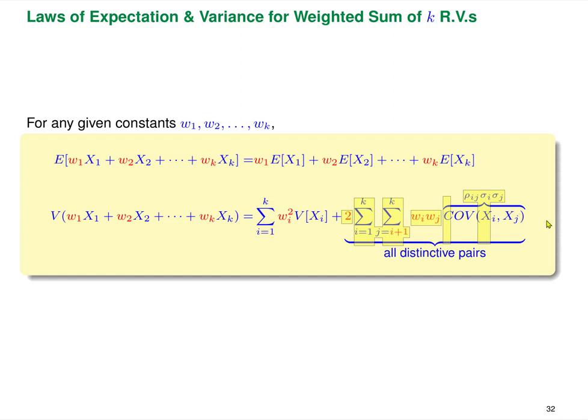The correction term is equal to 2 times the sum of the product of their weights multiplied by the covariance between all the distinct pairs of the random variables. Let's look at some examples to get a real feeling about these formulas.